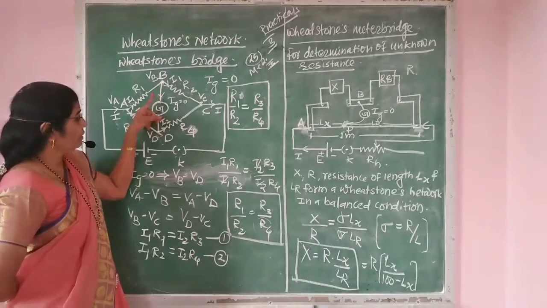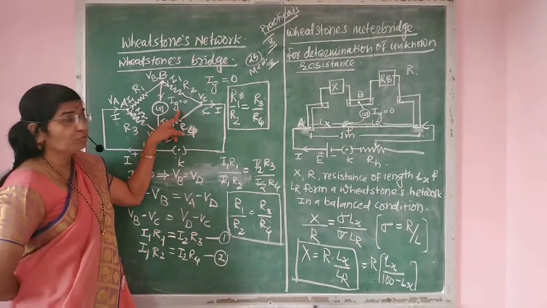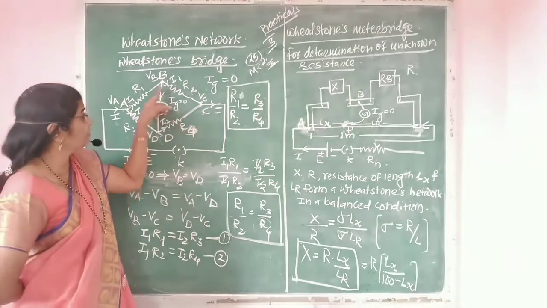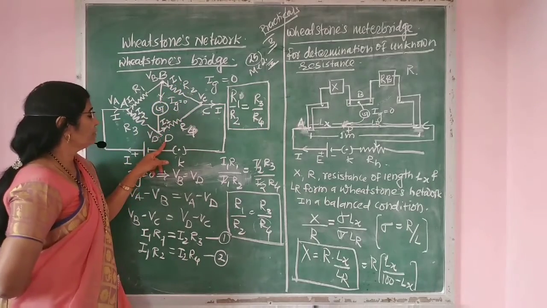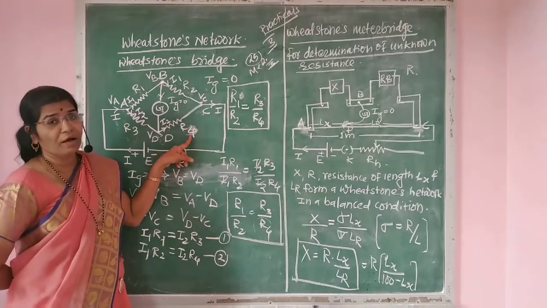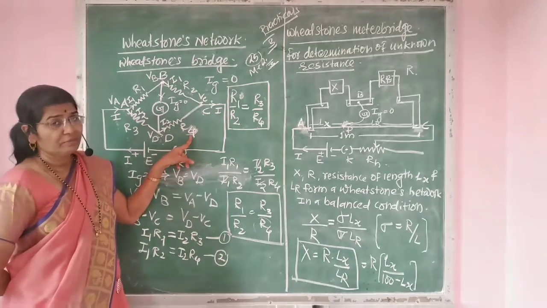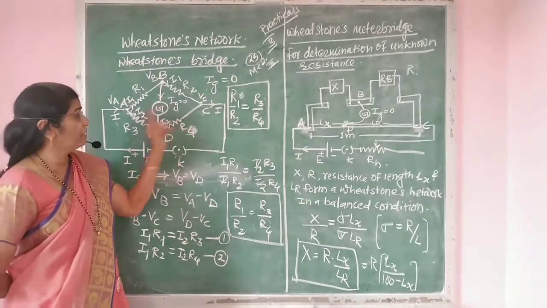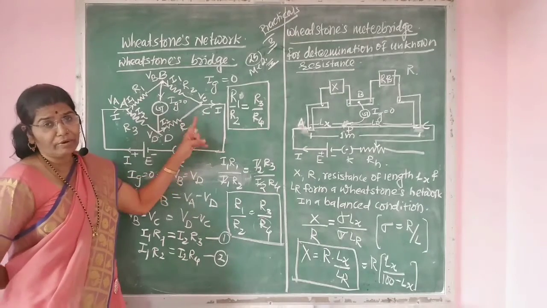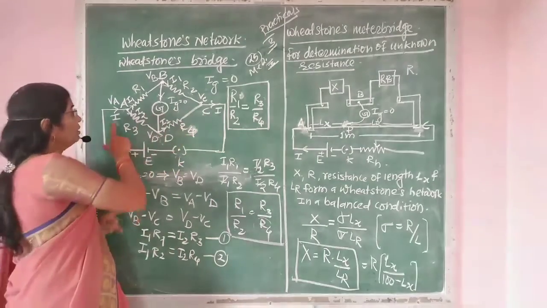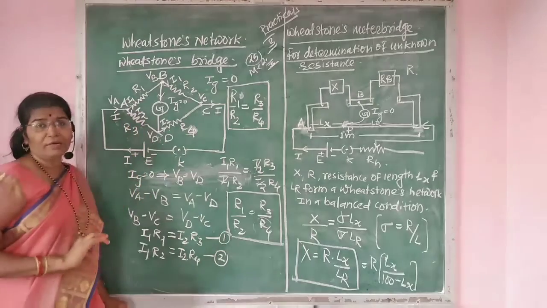When the current in the galvanometer is 0, the same current I1 flows through R2 and the same current I2 flows through R4. Therefore, the approaching current and leaving current are the same, and according to Kirchhoff's first law, I is equal to I1 plus I2.